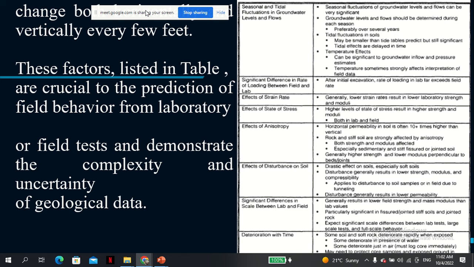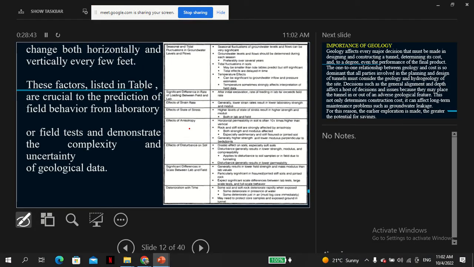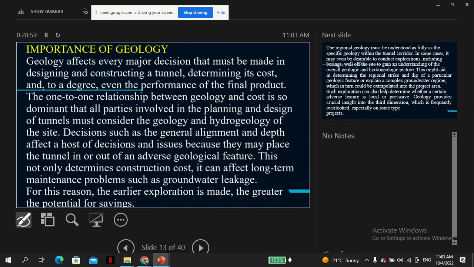So when you only use this to characterize your rock mass, you'll be overestimating the strength, because in fact the actual mass may have other discontinuities. So the table shows you the complexity of the difference between the lab test and the field. In fact, sometimes the strength behavior may vary even with seasons.